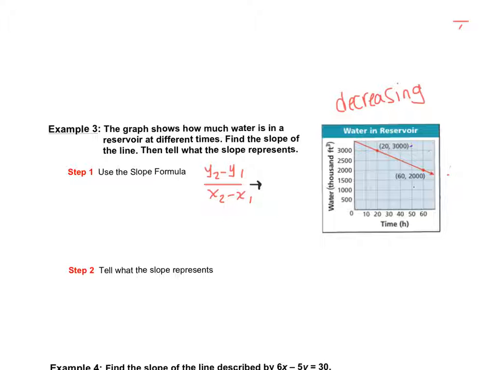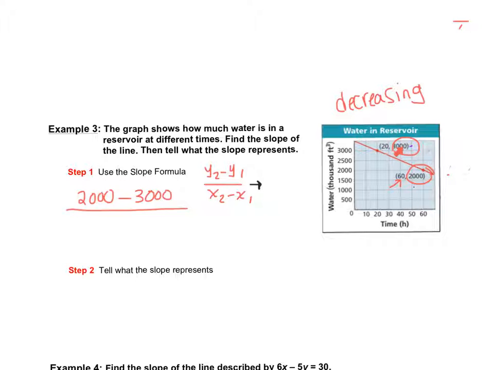If we were to use our slope formula, we would say y2, which is 2,000, minus y1, which is 3,000, goes here, over x2. So consistency means if you began with this one and you said that this specific value is y2, then you have to say that its corresponding value is the x2.